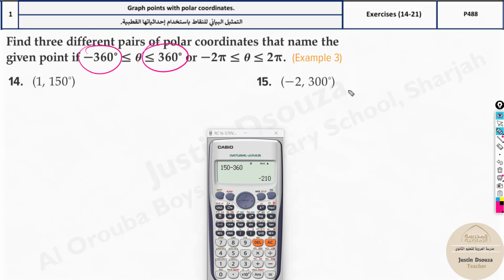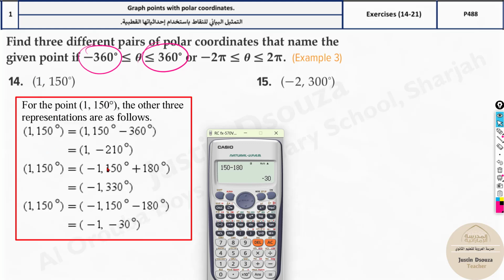So as long as it's within that limit, it's fine. Yes, it is less than 360. So that is one of the answers. Whenever you add or subtract 360, remember you leave the radius as it is. But now I will change this. Let me subtract it from 180 degrees. It's minus 30, but this will become minus 1.